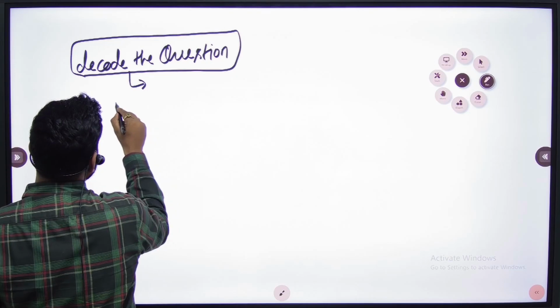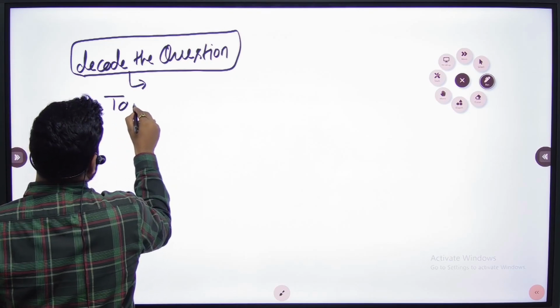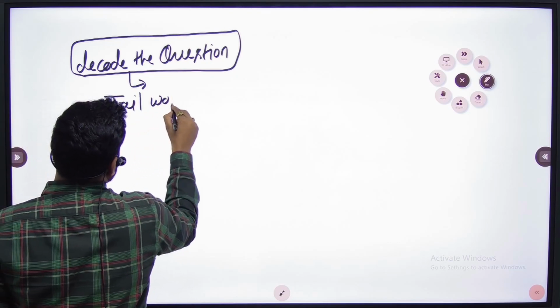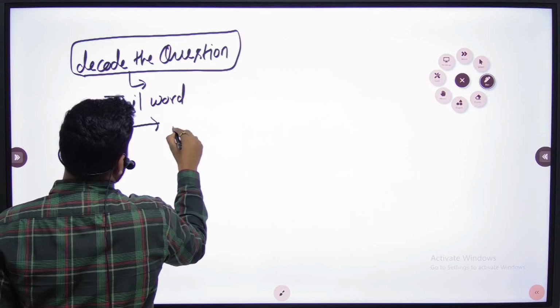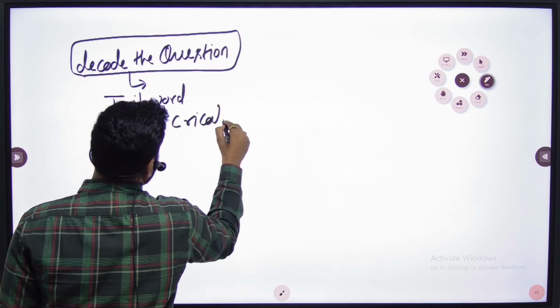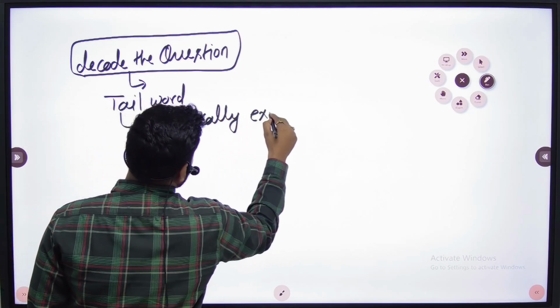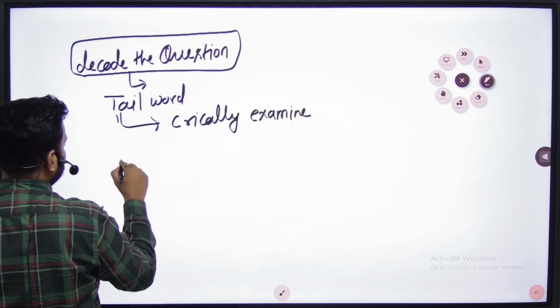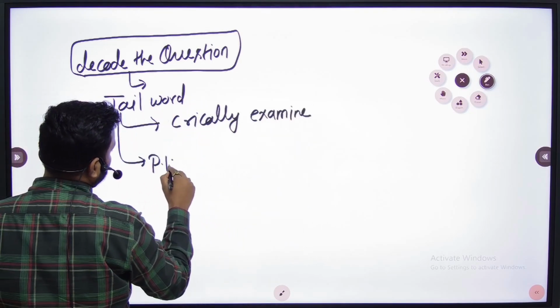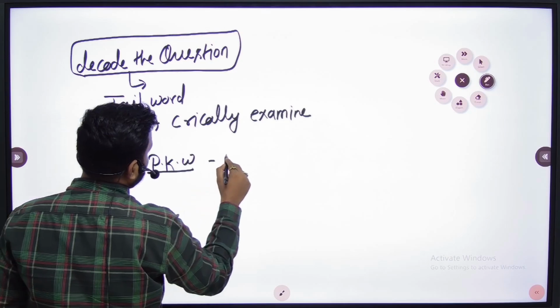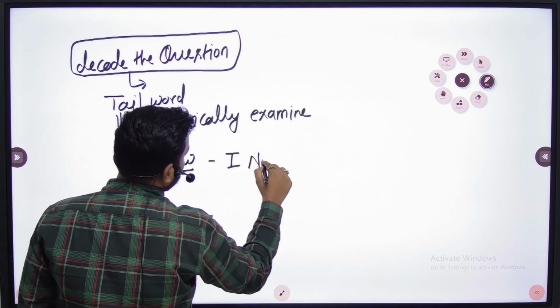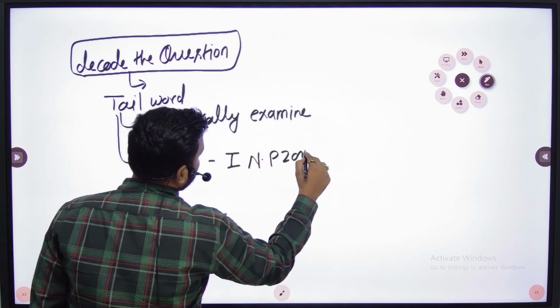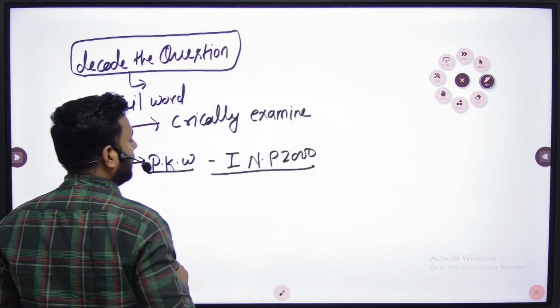In this question, firstly we find the tail word. Here the tail word is "critically examine", and the primary keyword is India's National Population Policy 2000. You have to just elaborate.